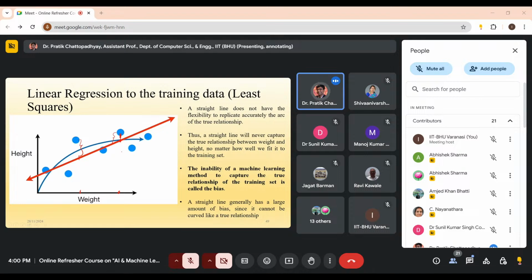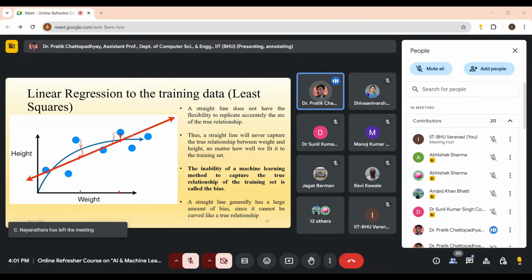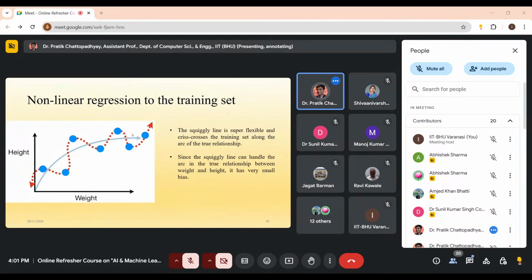So if we find the distances of each point from the line, square them and sum them up, then we can say this is a measure of the bias, the training error. The total error we are making in training.